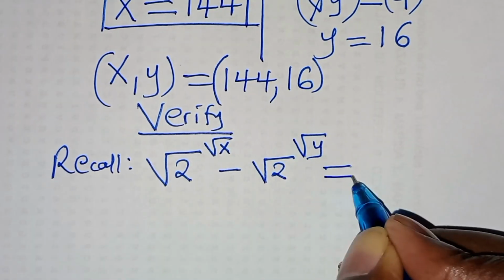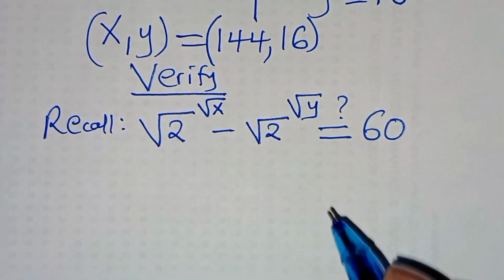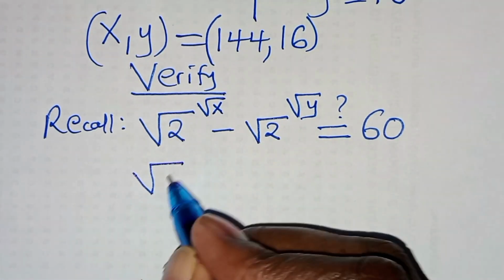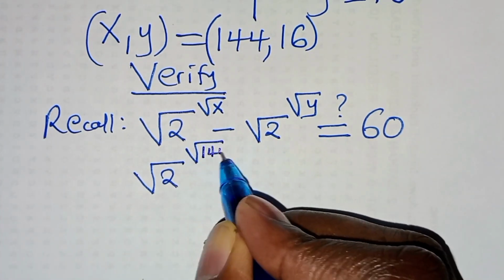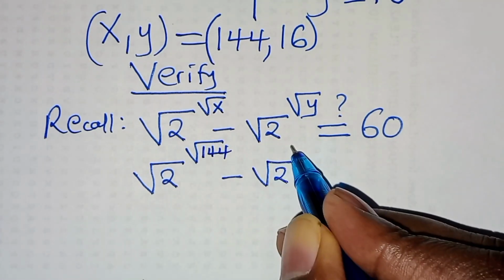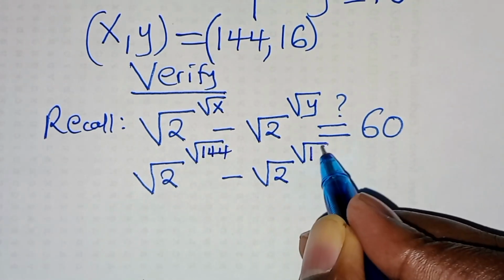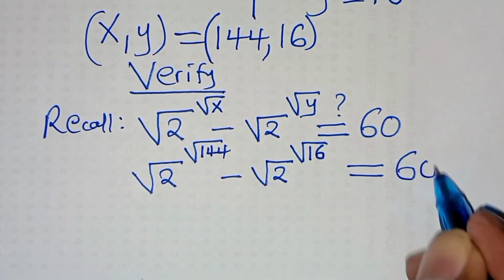This is supposed to give us a value of 60. Substituting x and y, we have square root of 2 raised to the power square root of 144, subtract square root of 2 raised to the power square root of y, which is 16. This is supposed to give us a value of 60.